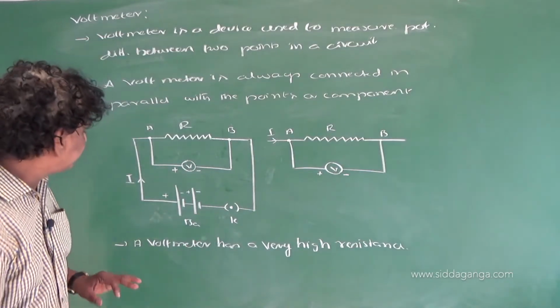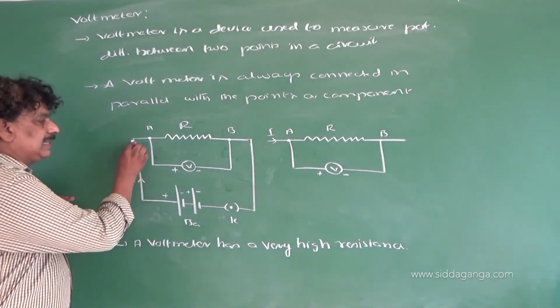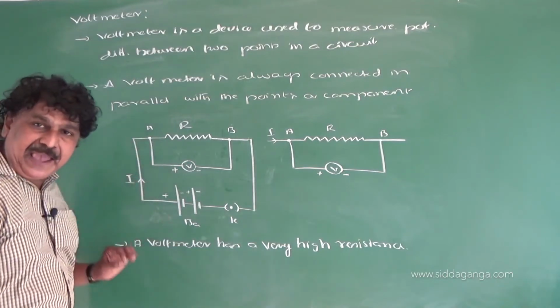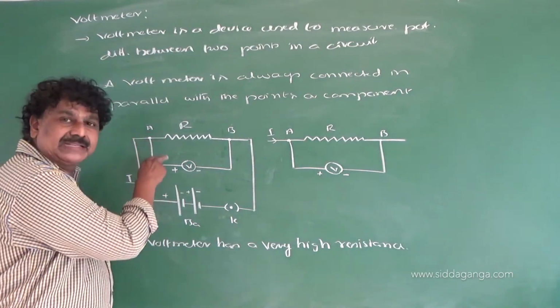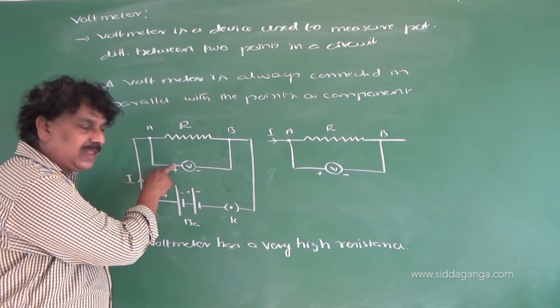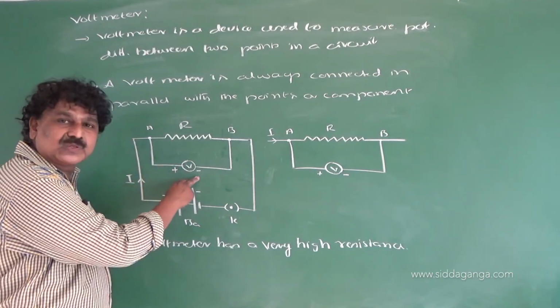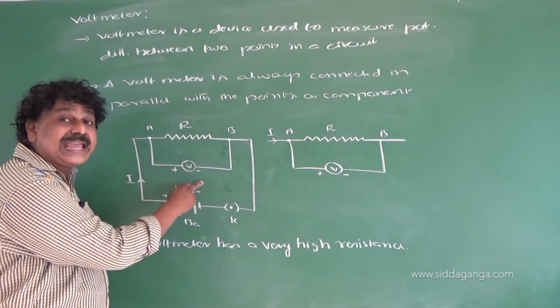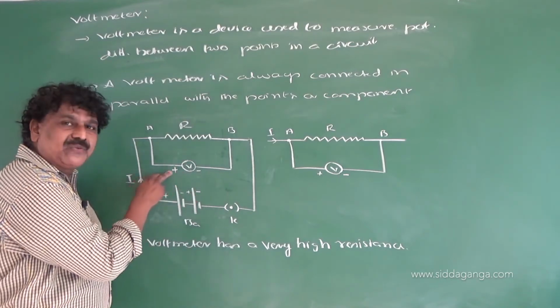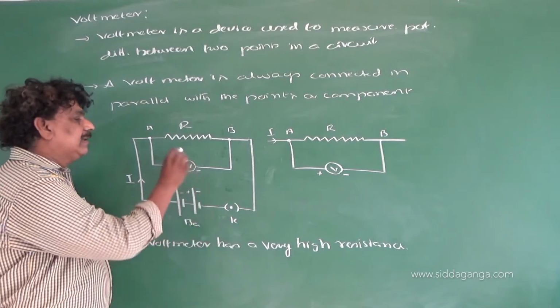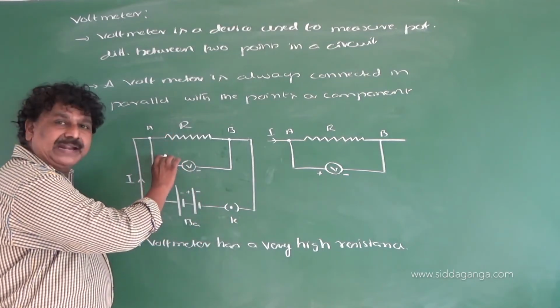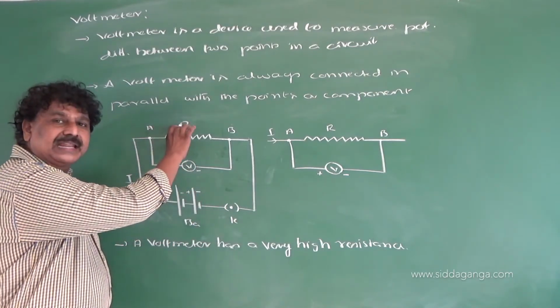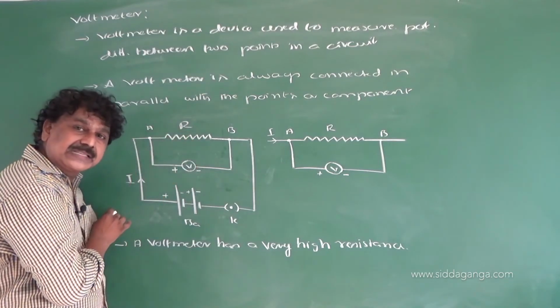It is because when this current comes to the point A, it divides into 2 parts, right? One part of current flows through the voltmeter. As we know that V is equal to IR. As the current flows through voltmeter, a small amount of current, the current through resistance decreases, potential difference decreases.